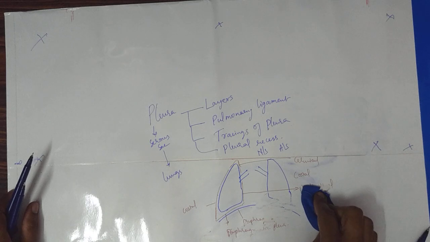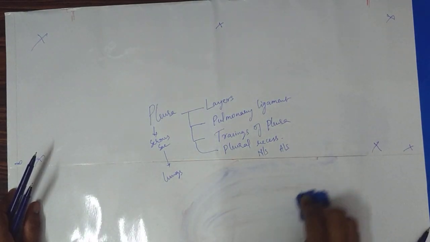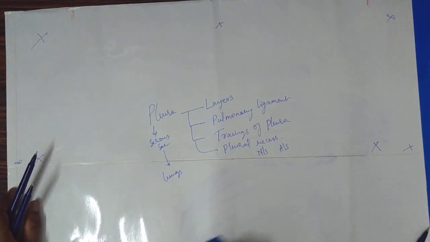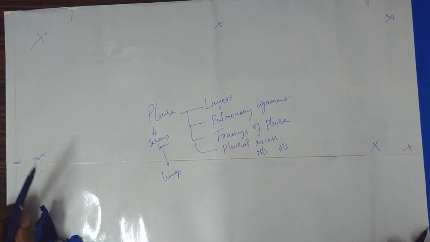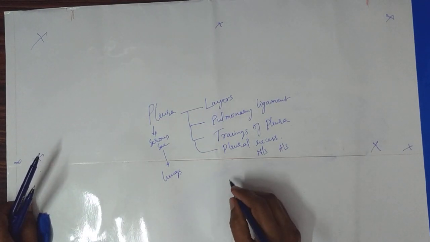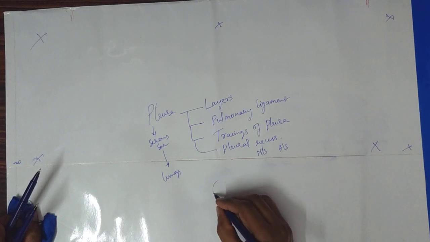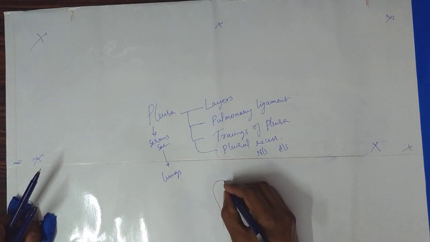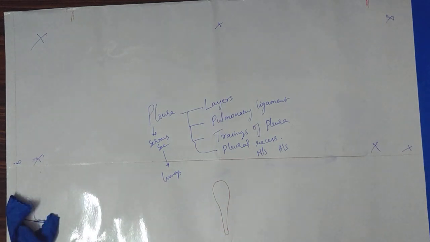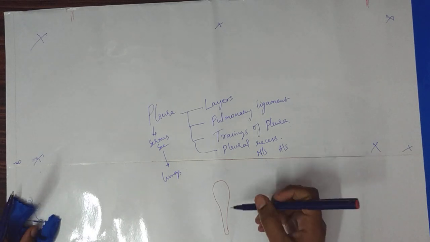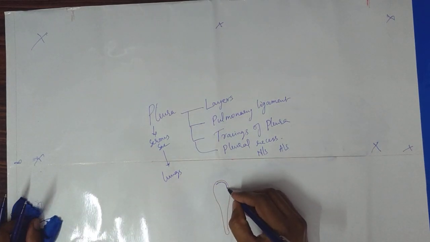Then near the root of the lung there is one more important thing, the pulmonary ligament. Basically, what you find near the root of the lung is that the outer parietal layer and the inner visceral layer are in continuation with each other.